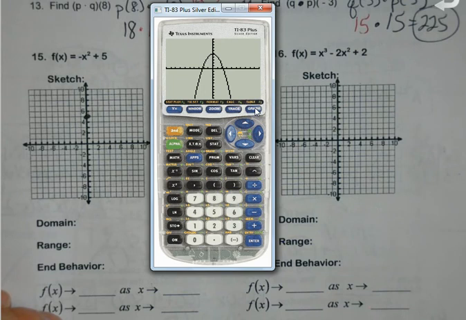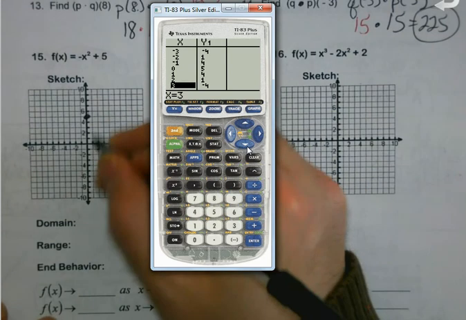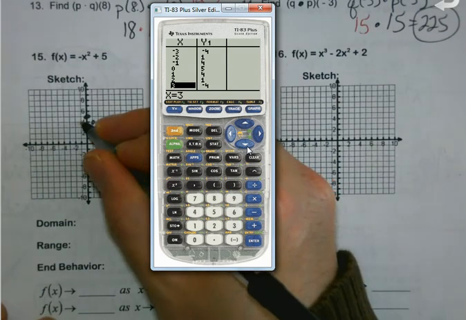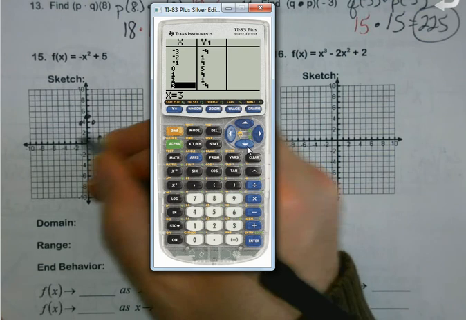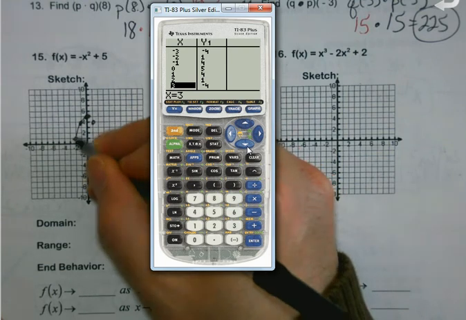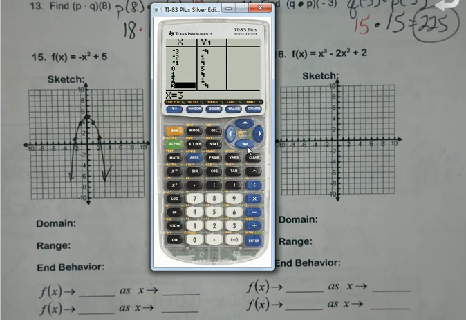Okay, I see what the picture looks like, but I want to be a little more accurate, just to be sure. So I'll get the chart up here, and I'm going to plug some numbers in. So I see 0, 5, and 1, 4, and negative 1, 4, and 2, 1, and negative 2, 1. That gives me a pretty accurate graph.